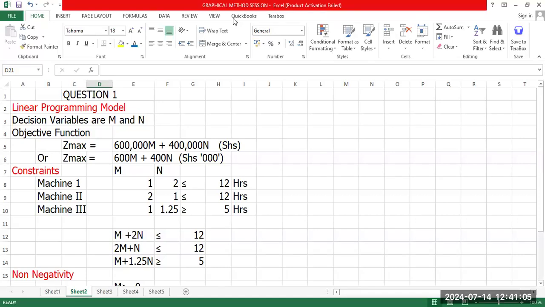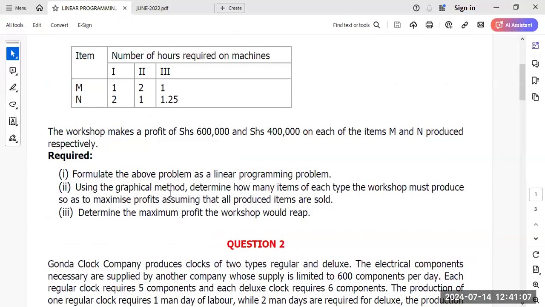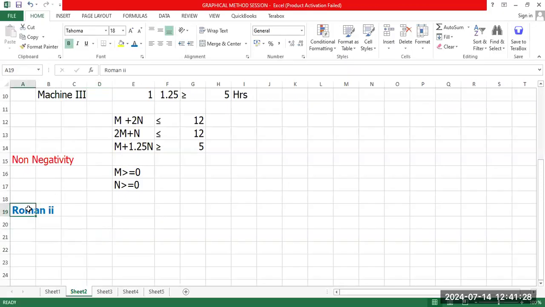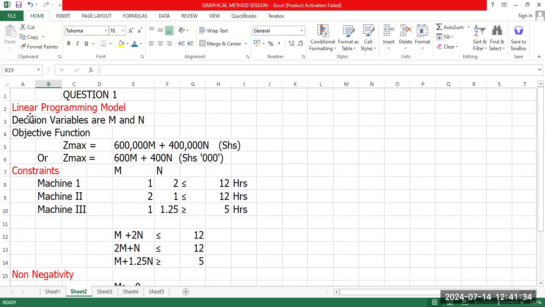With Roman 2, they are telling us we do what? We use the graphical method to determine how many items of each type the workshop must produce. But before we go to Roman 2, I want to look at the next question so that we can also formulate a linear programming model for it.